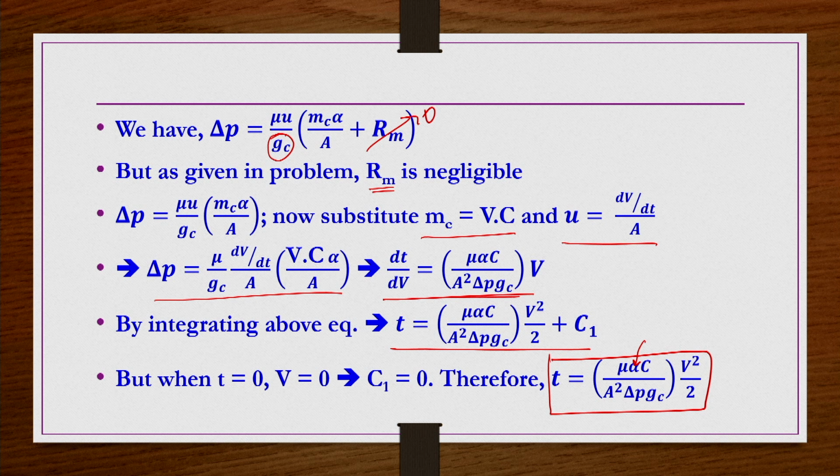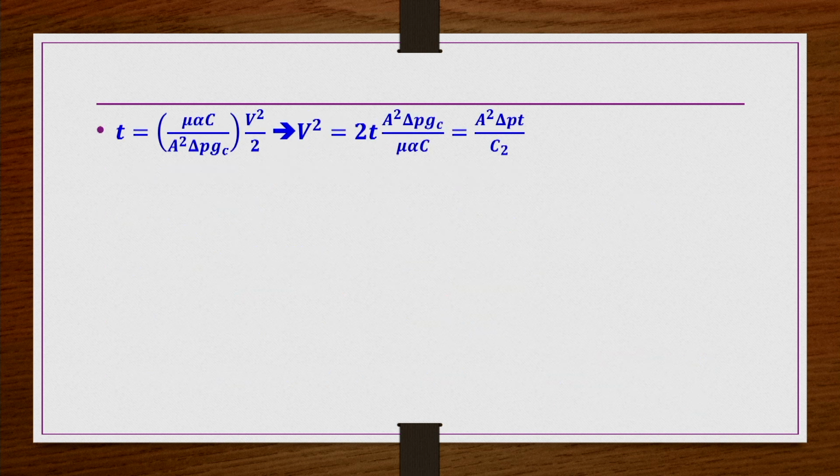So, for the filtrate, it is given that we get 1500 gallons.